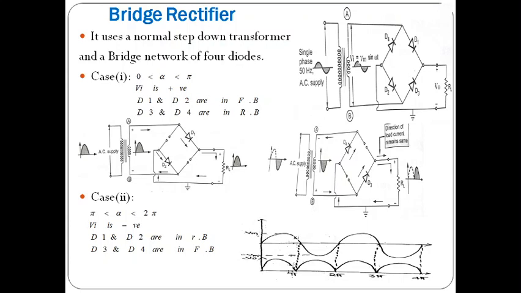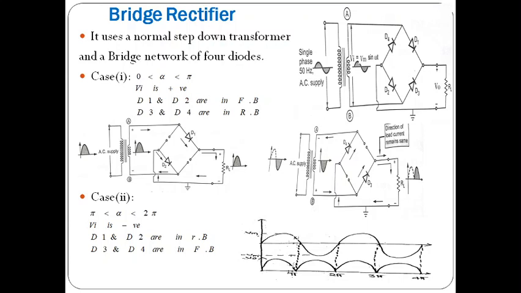You can observe the circuit diagram of the bridge rectifier. In this, we are giving the input as Vi equals Vm sin omega t. These 4 diodes are connected in the format of an electrical bridge. So this is called a bridge rectifier.